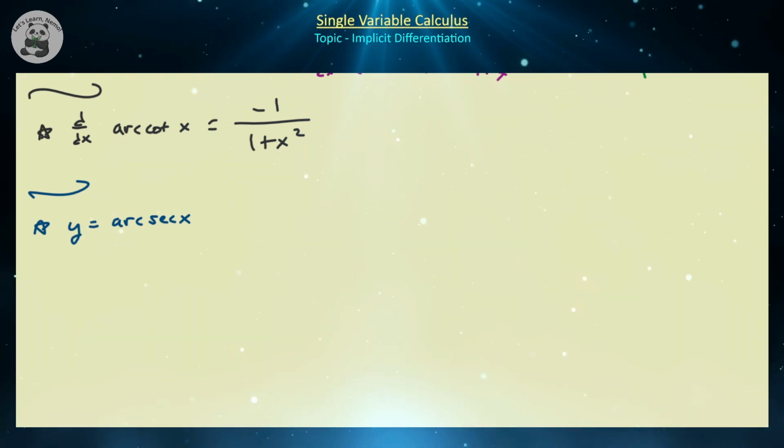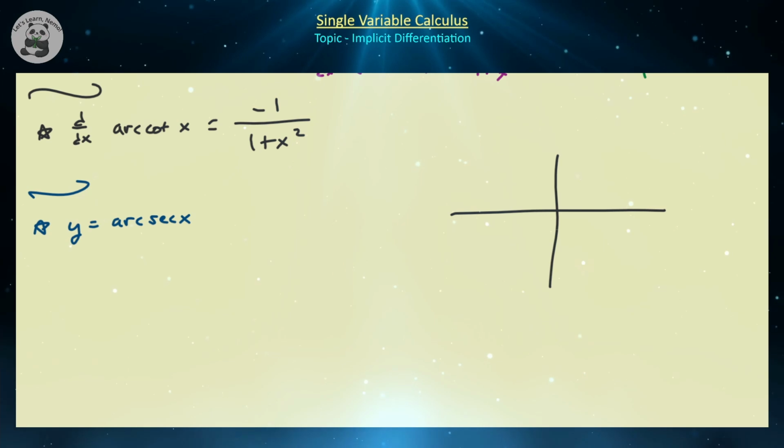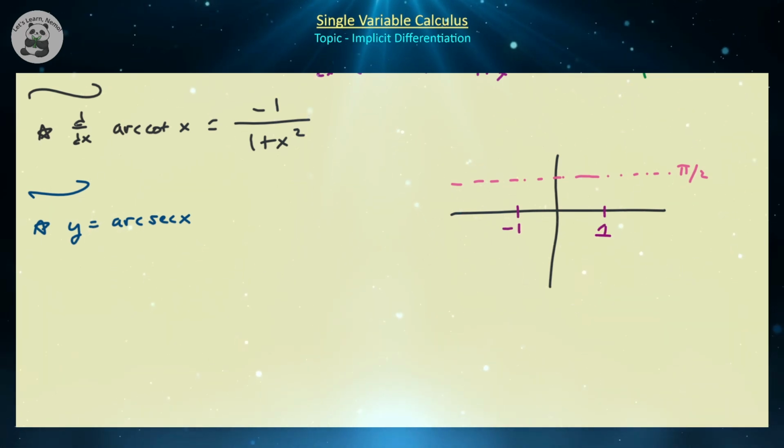So let's just give a quick graph of this. This graph may look a little strange. Right, so we're going to have a horizontal asymptote of pi over 2. Negative 1 and 1 are going to be focal points. And then we're going to have our right part of the curve there. And that's obviously a horizontal asymptote. And let's extend this y-axis just a little bit more.